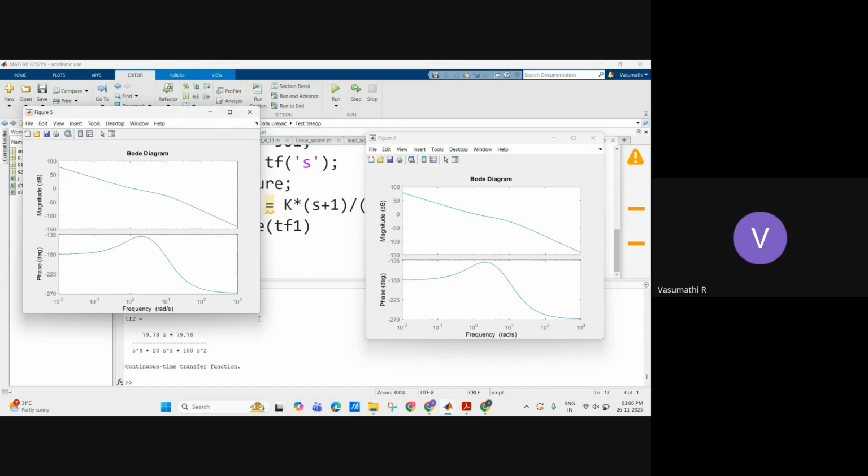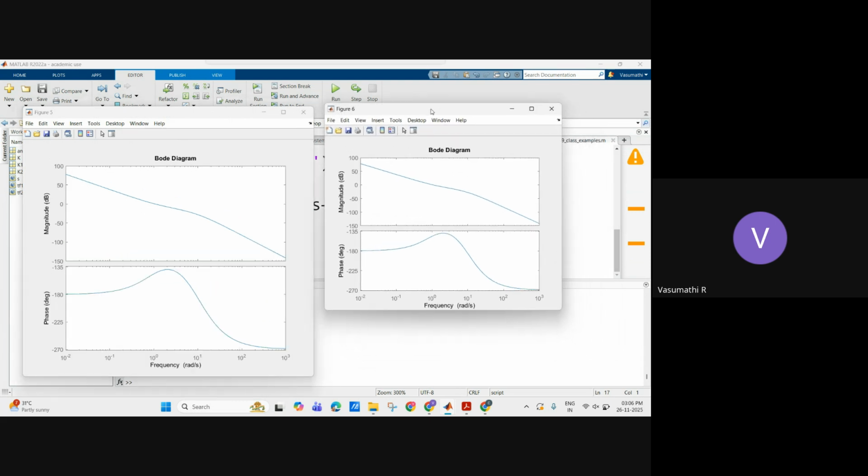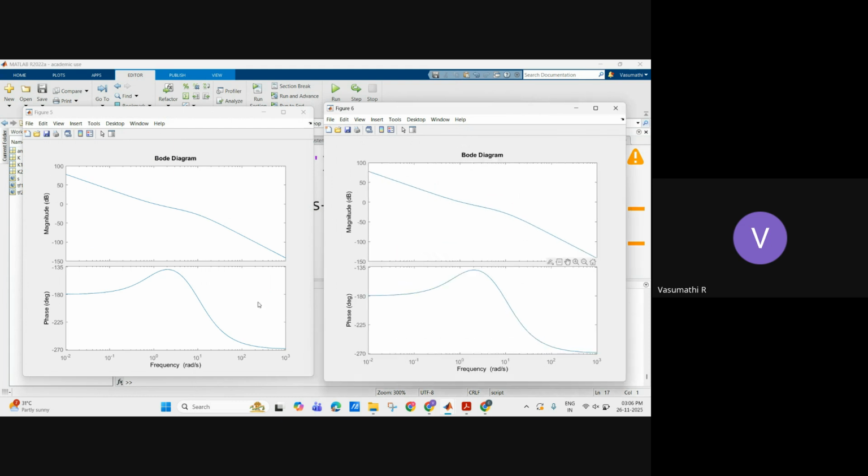So if I find all stability margins, it's not responding.